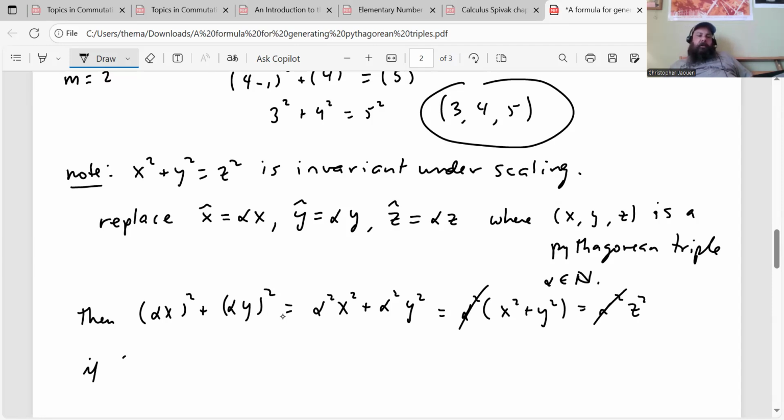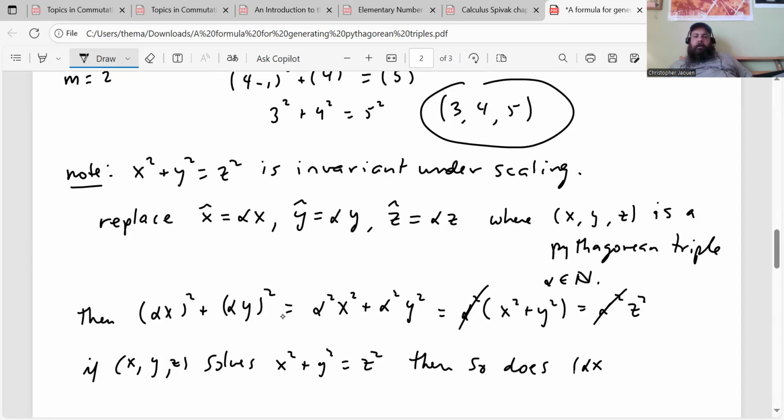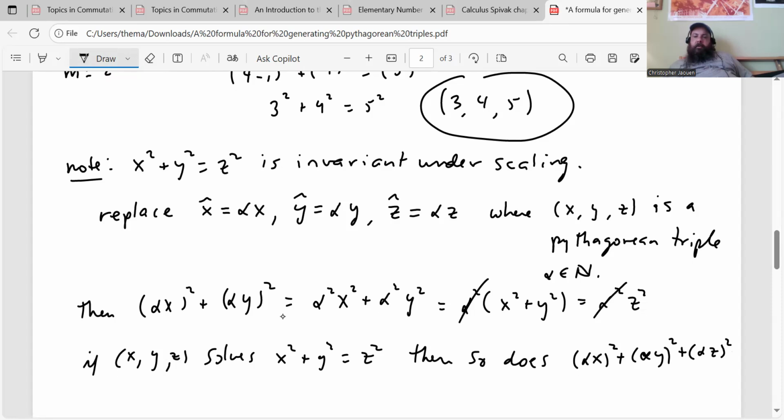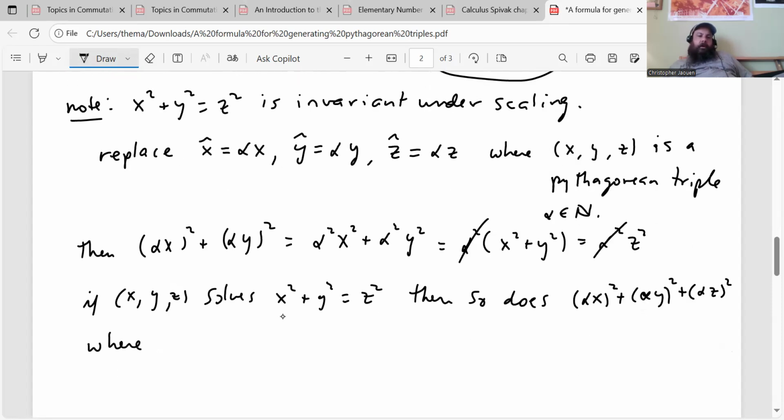So if x, y, z solves x squared plus y squared equals z squared, then so does (alpha x) squared plus (alpha y) squared equals (alpha z) squared, where alpha is a natural number.